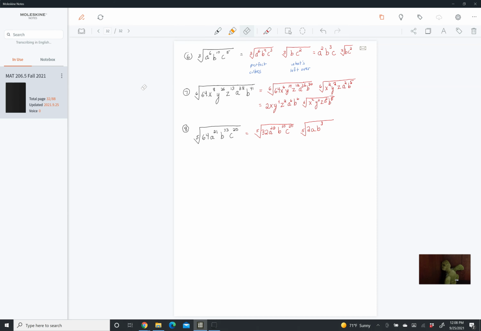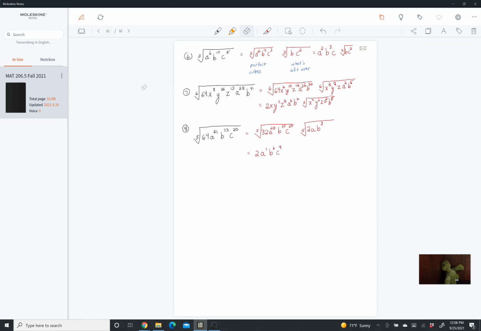Okay, so now we just have to simplify. 2 to the 5th is 32, so the 5th root of 32 is 2. 20 divided by 5 is 4. 30 divided by 5 is 6. We already said 20 divided by 5 is 4.